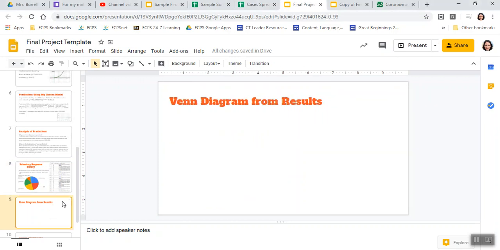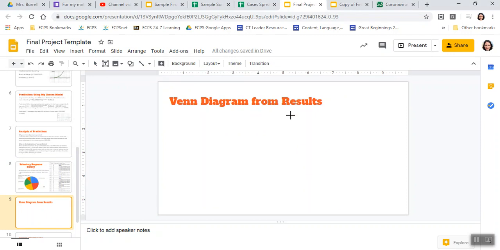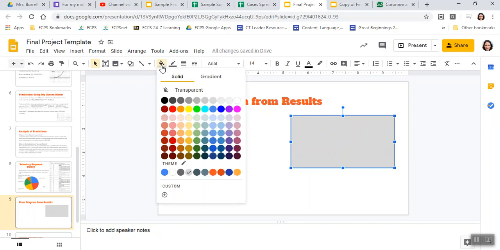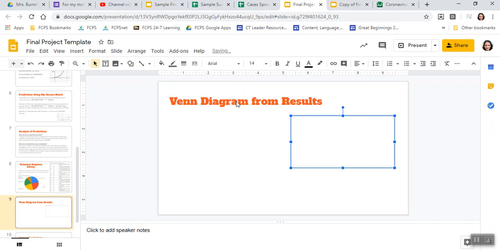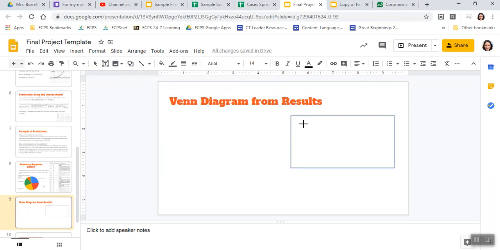So for the Venn diagram, we're going to draw that with shapes. We're going to start with a rectangle. And I don't like the gray in the rectangle, so I'm going to change it to white. And then I need circles. So I'm going to make my first circle. And then I'm going to copy it.